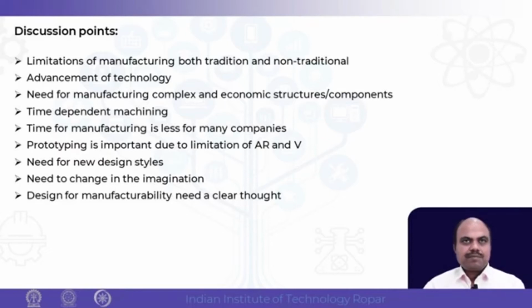When we are designing, prototypes are very important. We need to make the prototypes, fit them and test them. This cannot be done directly using AR and VR, augmented reality and virtual reality. It can partially be done, but not completely.